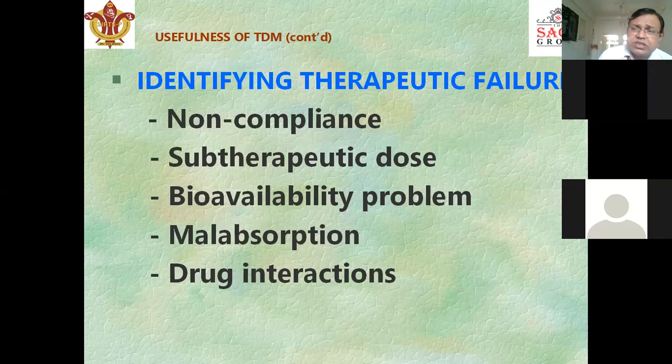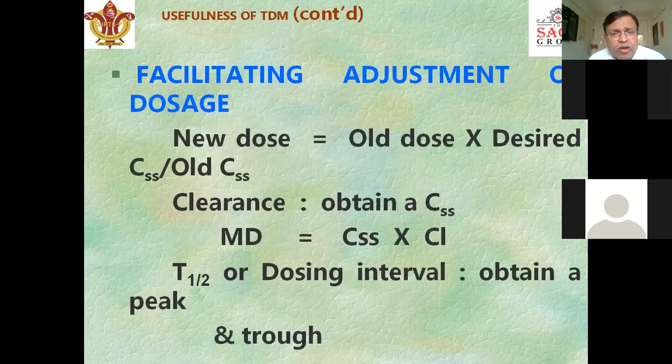So, dear friends, dear students, therapeutic drug monitoring is very important to see the effect of a particular drug in a particular patient. Now, facilitating adjustment of doses: we can adjust the doses by using TDM.